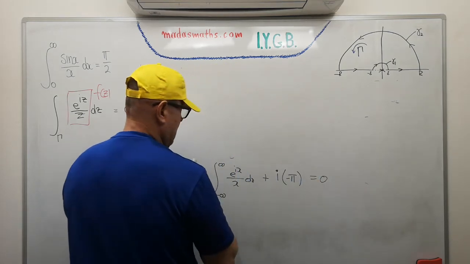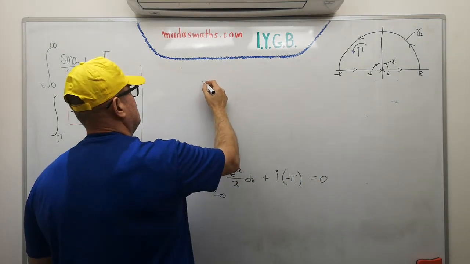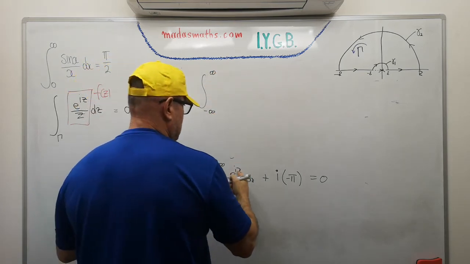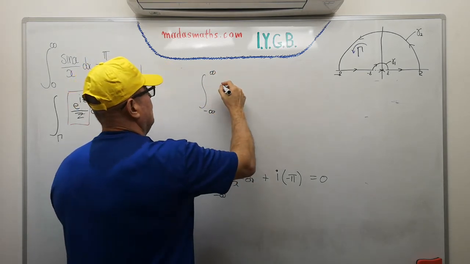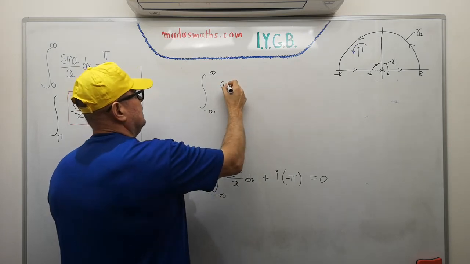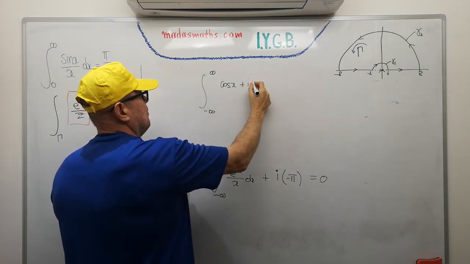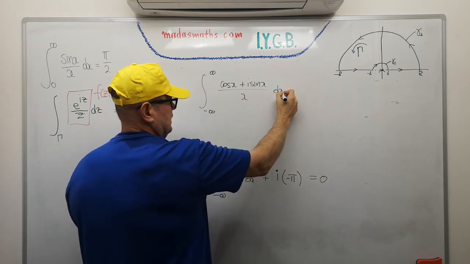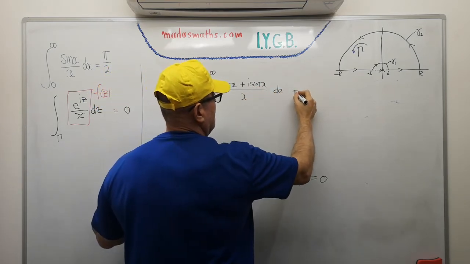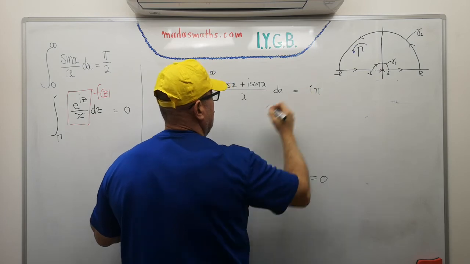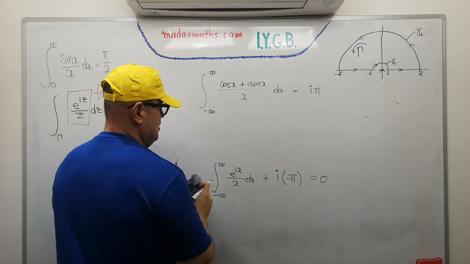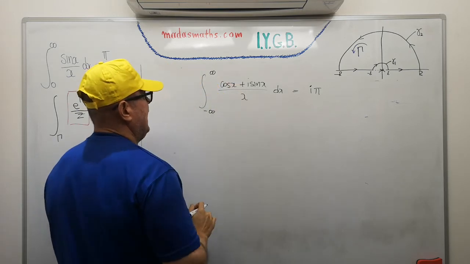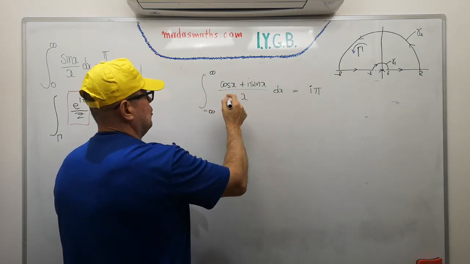So I'm going to do a couple of things at once. I'm going to write minus infinity to infinity, switch now into real and imaginary part. e to the ix is of course cos x plus i sine x over x dx, and shove this to the other side, is i pi. Splitting the integral now. First of all, the cos of x over x is odd in a symmetrical domain.